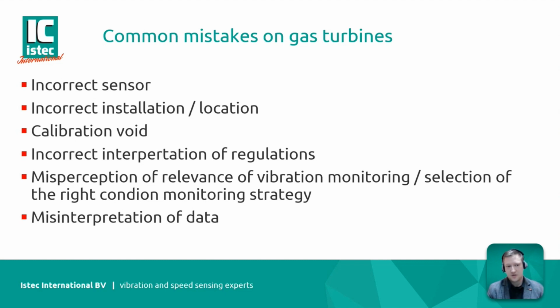A sensor has a lot of different capabilities which you need to take into account. What is my dynamic range? What is my frequency response of the sensor? What kind of bearing am I using? So do I need a proximity probe, or a casing mounted accelerometer or velocity sensor? What is the temperature where I want to measure?